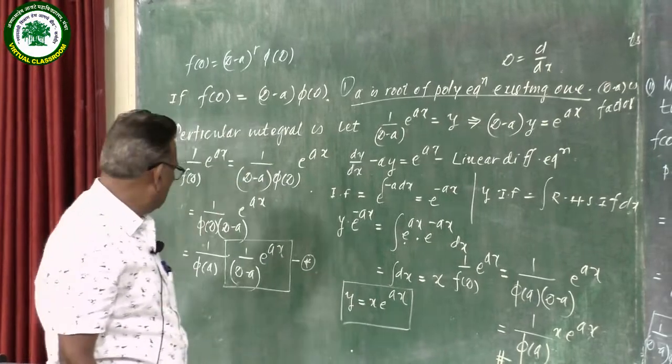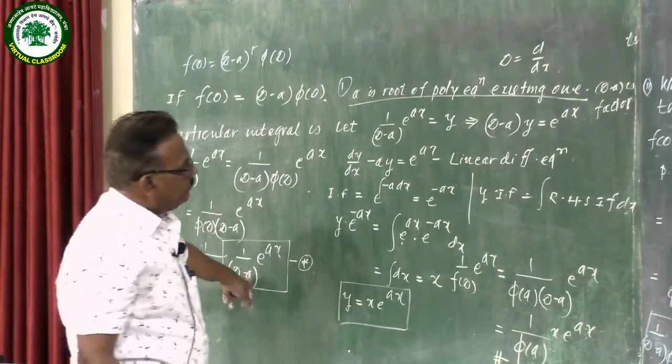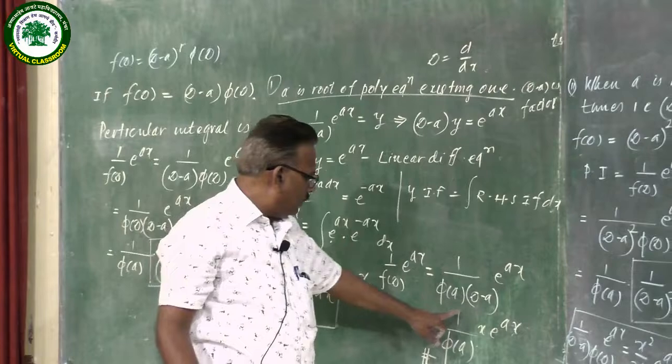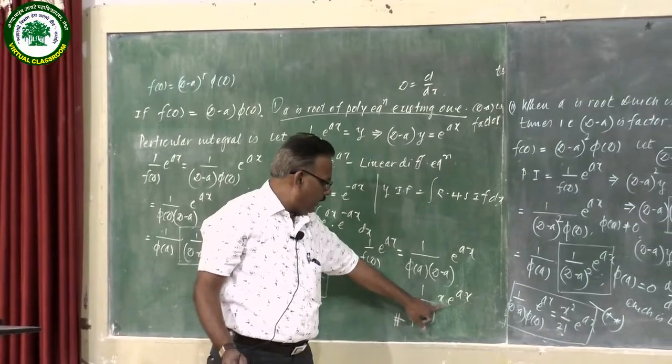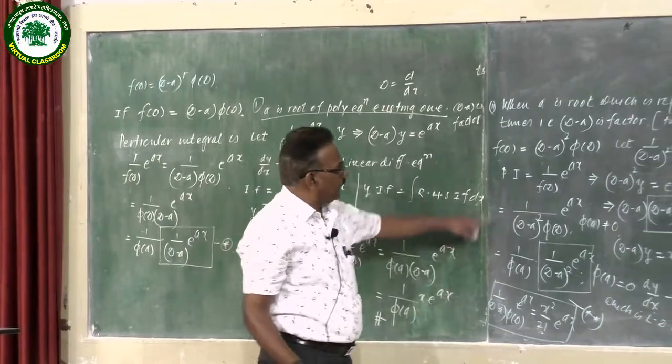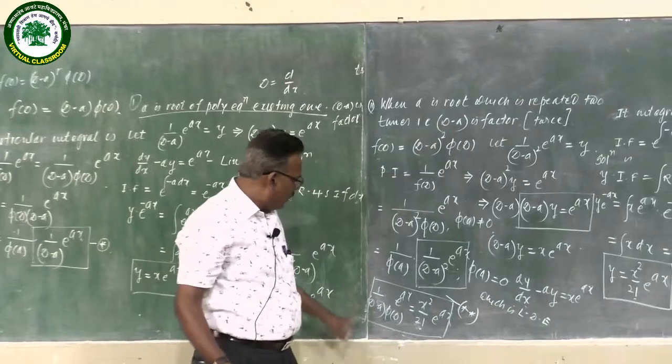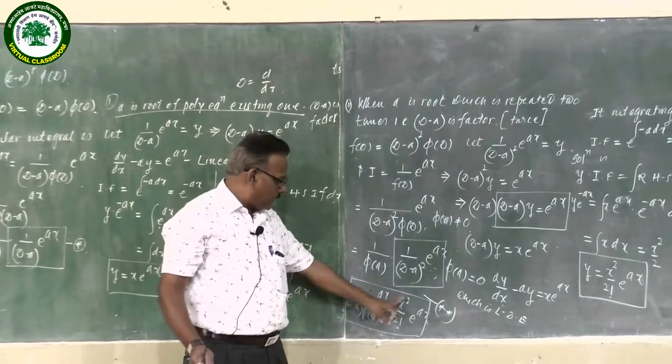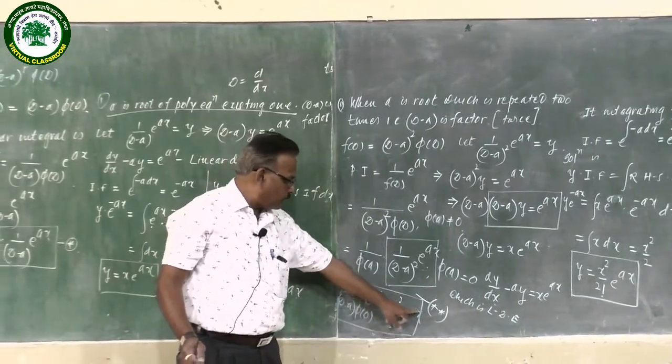The solution is 1 over phi of a into x e raised to x. When d minus a is repeated 2 times, what will be the solution? x square divided by 2 factorial e raised to x.